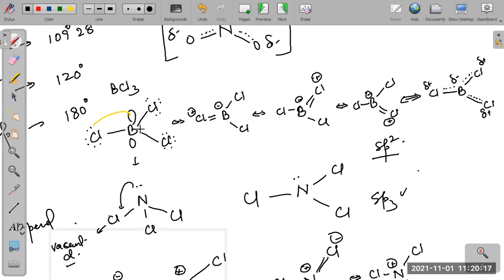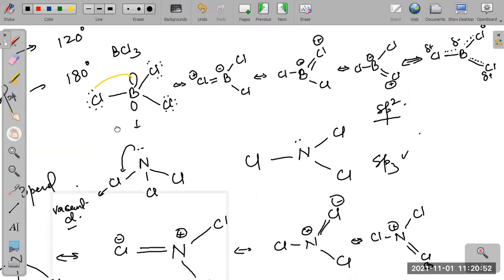This is the reverse of the normal concept of bonding, where electrons generally migrate towards the higher electronegative atom, whereas in this case the electron density is moving towards a vacant orbital which generally has lower electronegativity, and therefore this sort of bonding is known as back bonding.